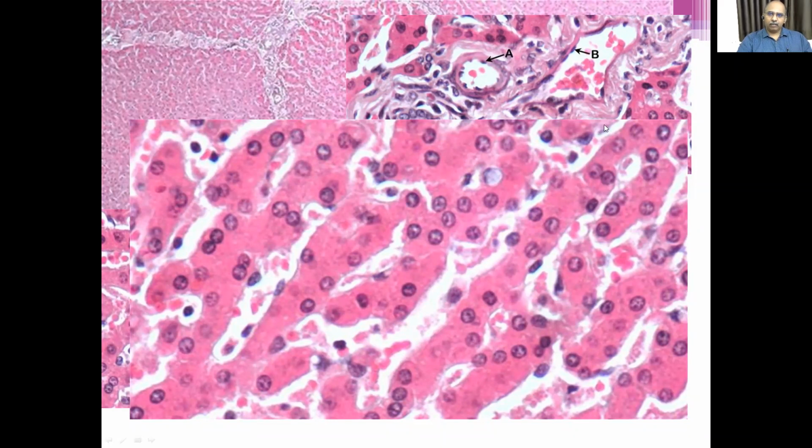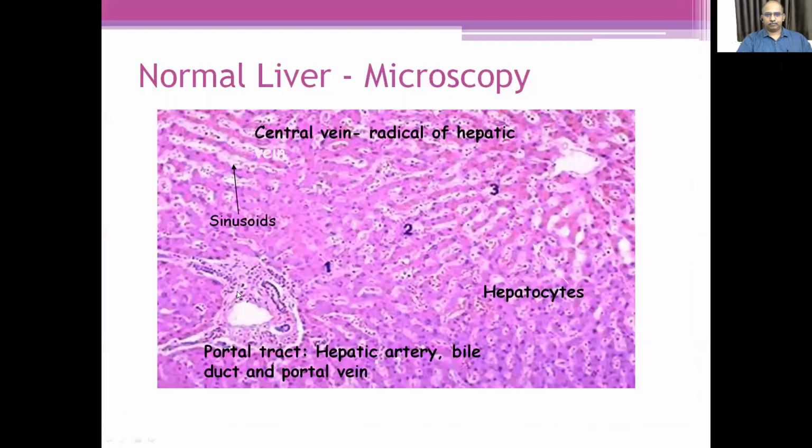So blood from the artery and portal vein enters into the central vein. Automatically, the cells nearer to the portal tract receive the maximum amount of nutrients and oxygen, whereas the cells nearer to the central vein receive a lesser amount of nutrients and oxygen.